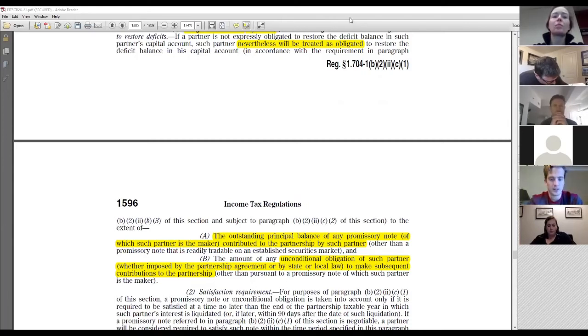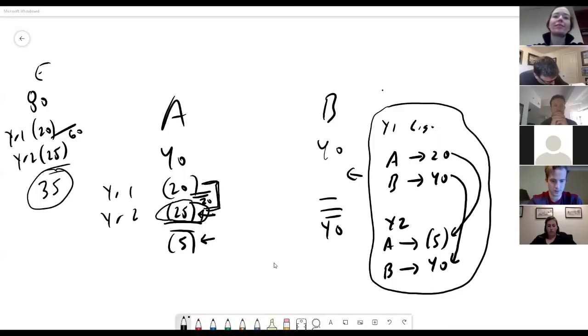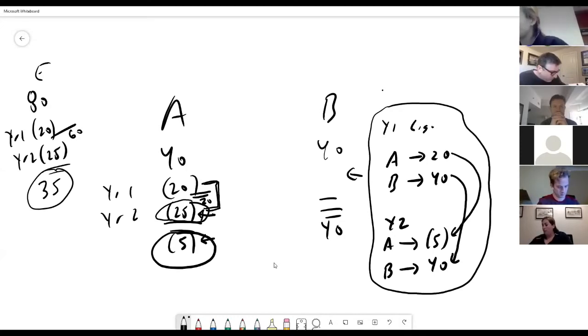So let's go back to the problem. Again, it's the same basic facts, and the question is whether A's promissory note supports A going below 0. And the answer is yes.